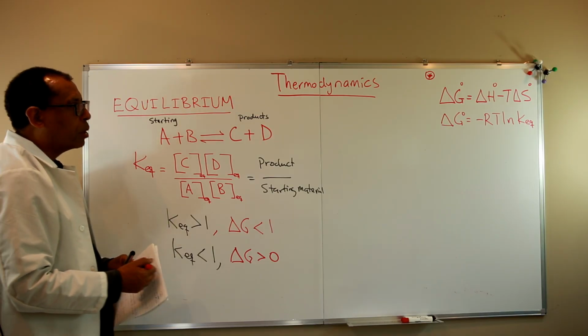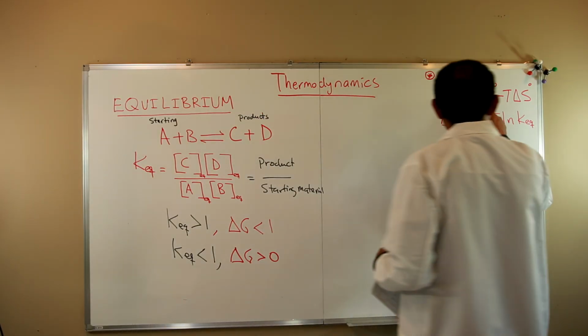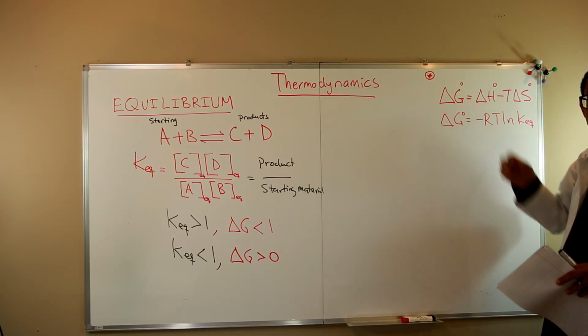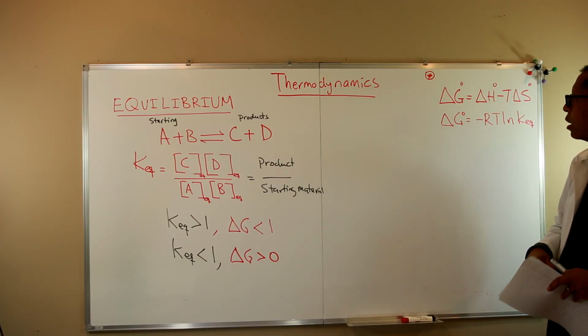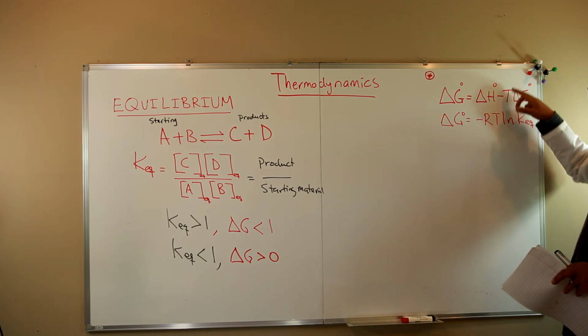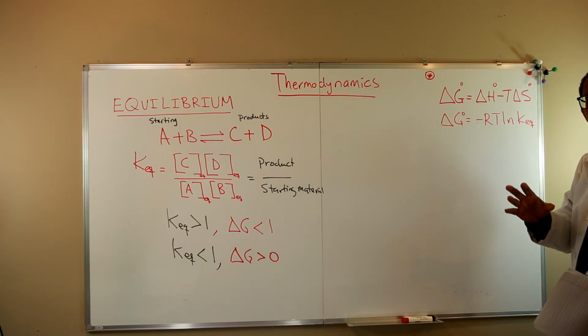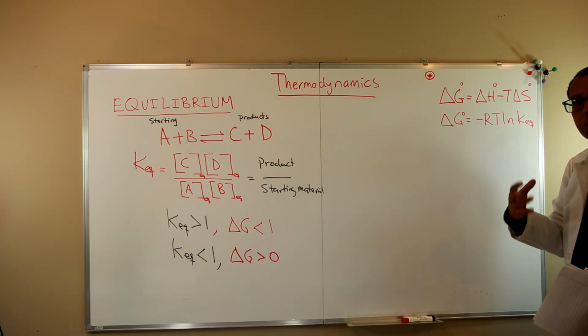So you can also look at it in terms of enthalpy. Actually, for practical reasons, in most organic reactions, the change in entropy is almost 0, meaning that we can neglect it as close to 0.